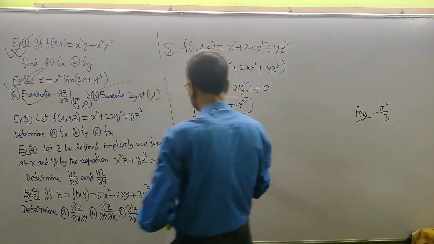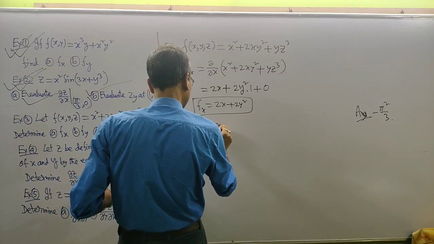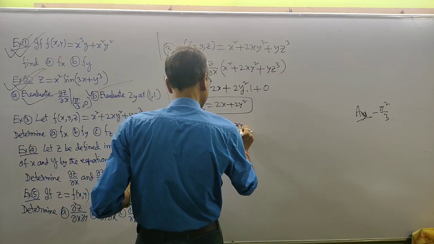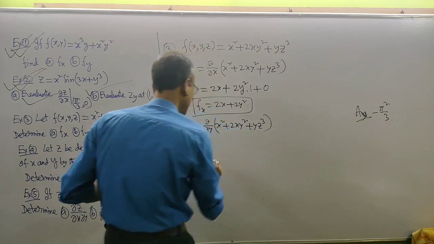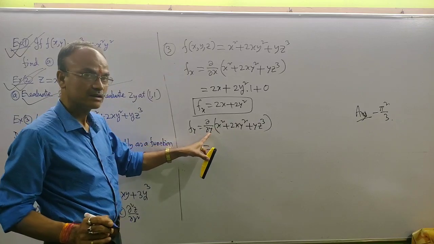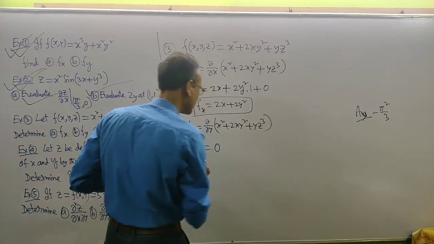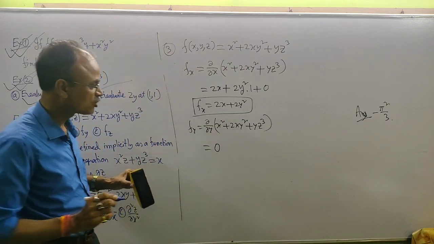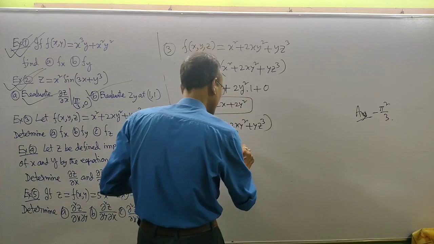And fy equal to del y of x square plus twice x y square plus yz cube. With respect to y, x should be treated as constant because differentiation of constant is 0. Plus twice x is constant.